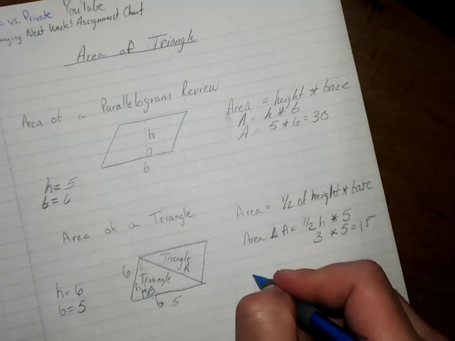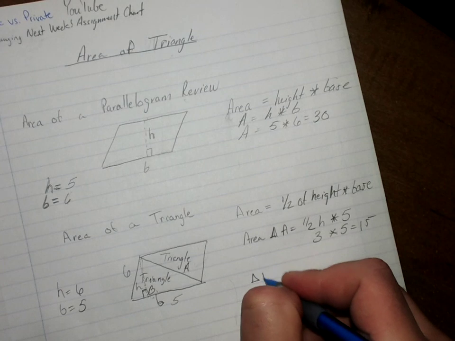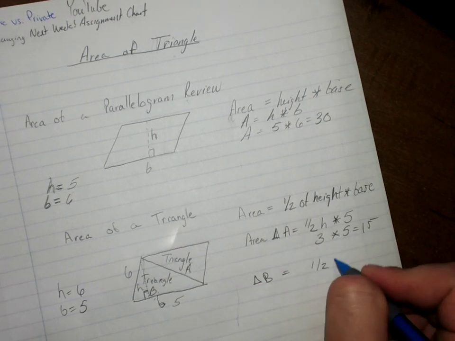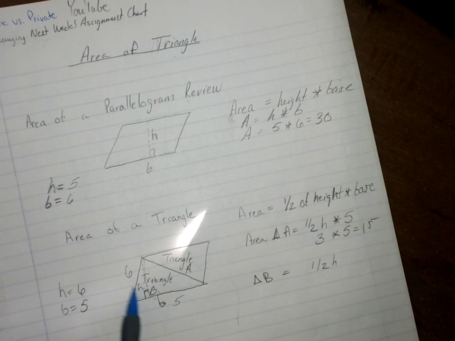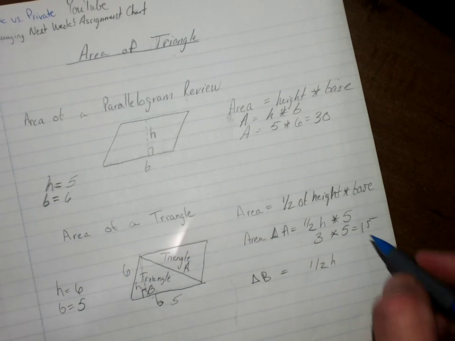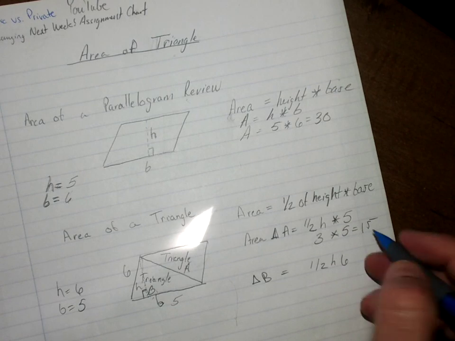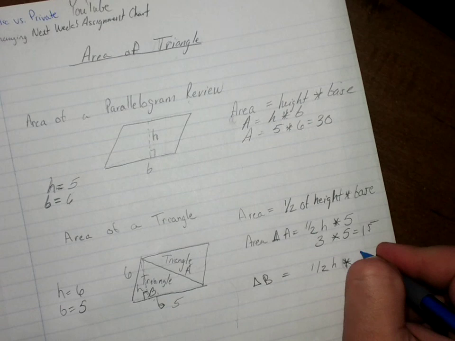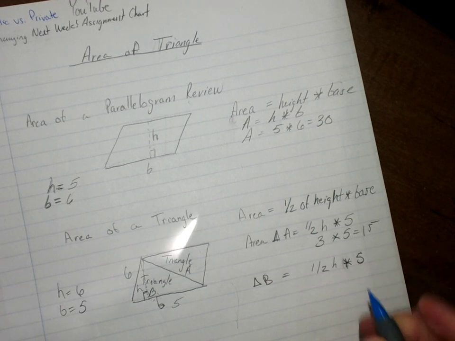Well, then I can say the area of triangle B is the same thing. Half of H, sorry, H is still 6, and it's times the base, which is 5.